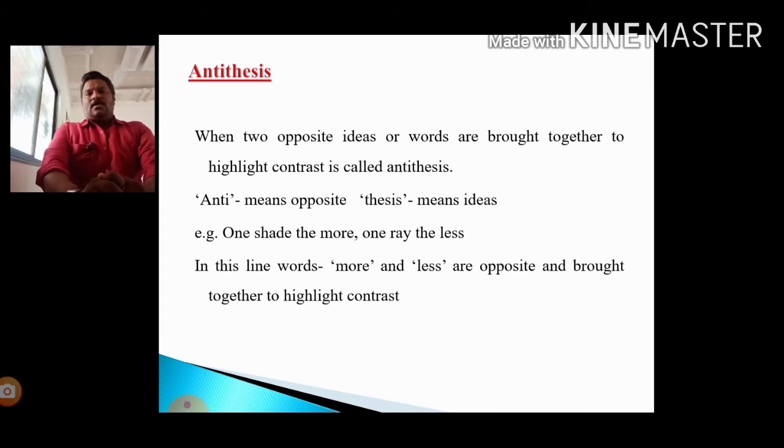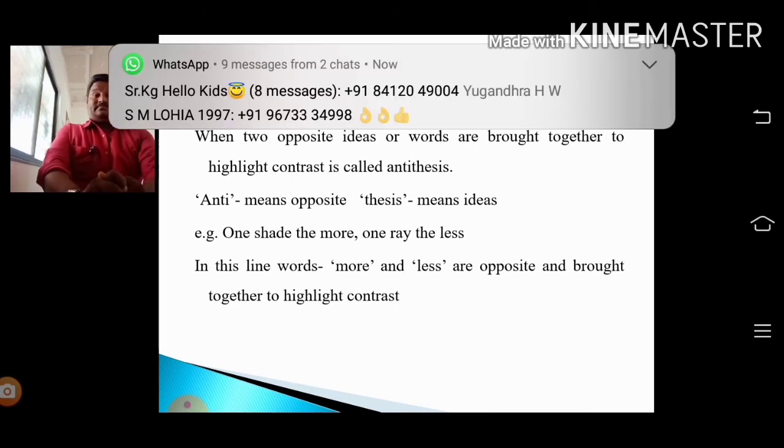Antithesis. In this figure of speech, you will notice that anti means opposite and thesis means ideas. In antithesis, what happens? When two opposite ideas or things are brought together to highlight contrast, it is antithesis.